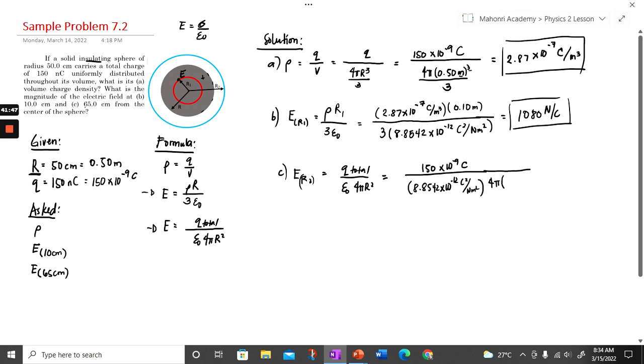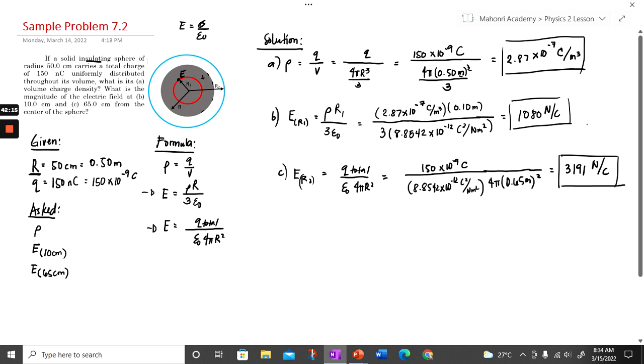R is 65 centimeters, which is 0.65 meters squared, and this is actually equal to 3191 newtons per coulomb.